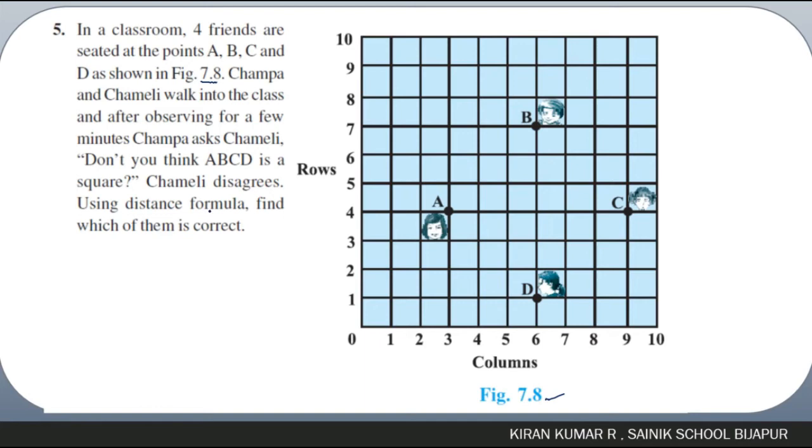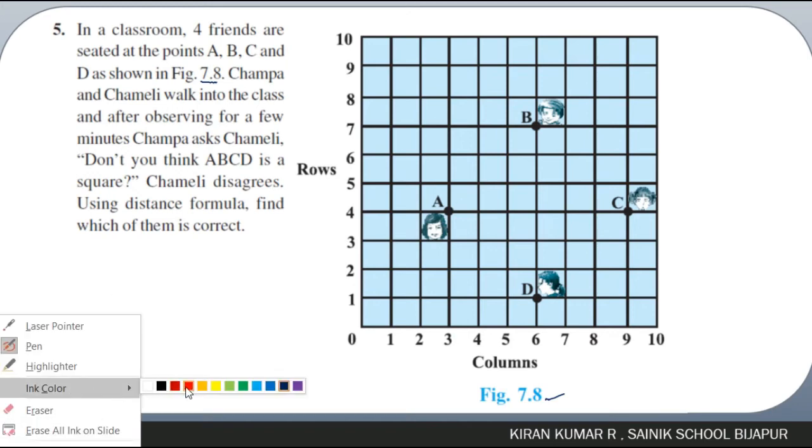We need to identify the coordinates of the points A, B, C, and D. Look at the point A. It is 3 units away from the y-axis, so the x coordinate is 3. Let me change color.